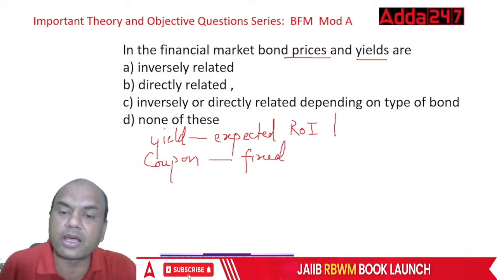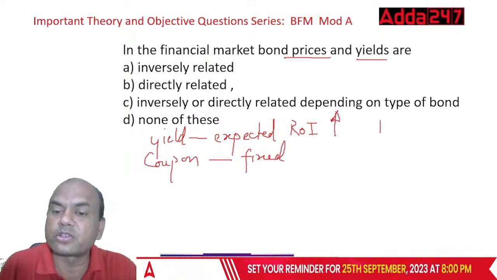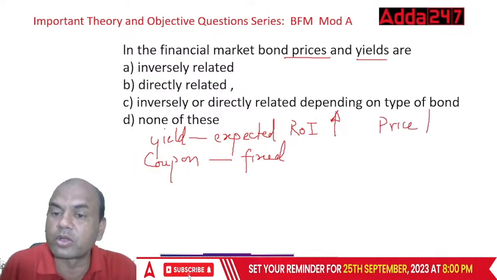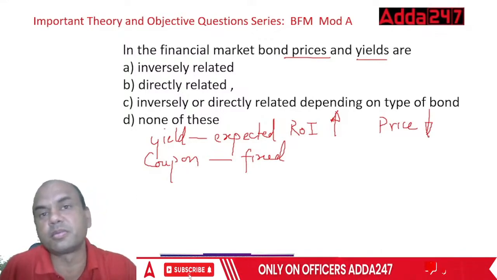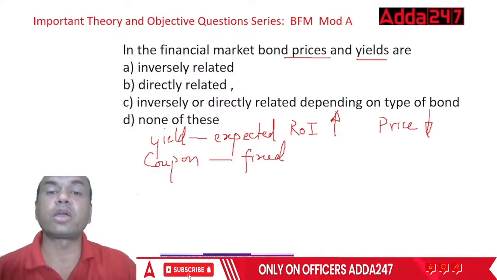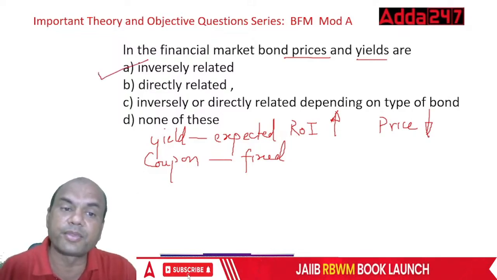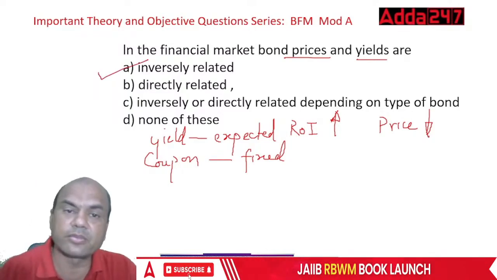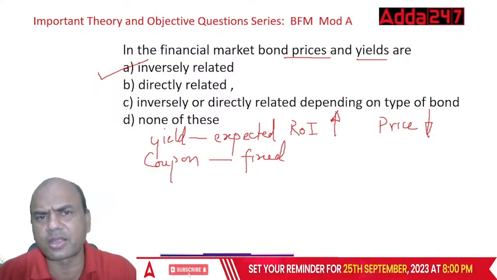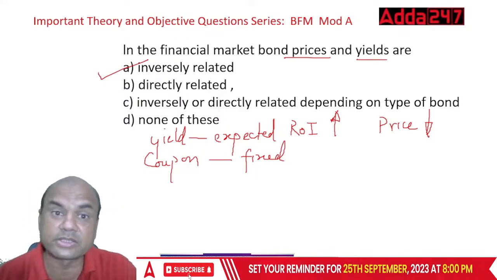If the expected ROI goes up, then the price of your existing bond will go down. Always remember. If the expected ROI goes down, the price of the bond will go up. So it is inversely related, isn't it? In the financial bond market, bond prices and yields are inversely related, always.